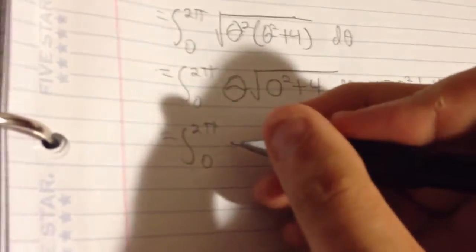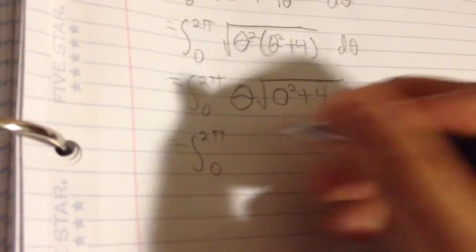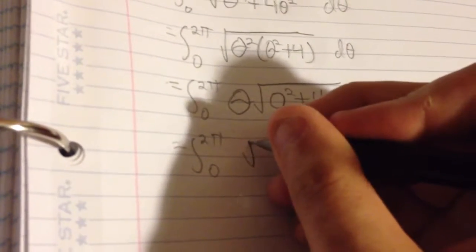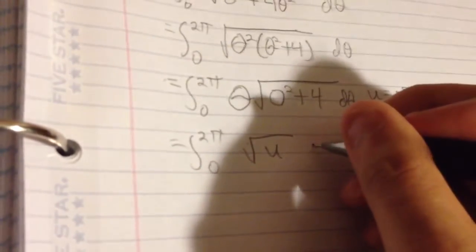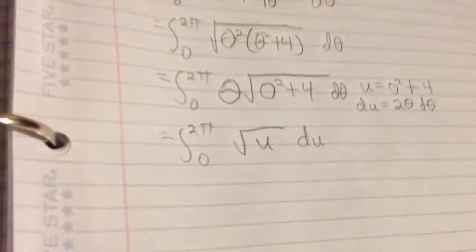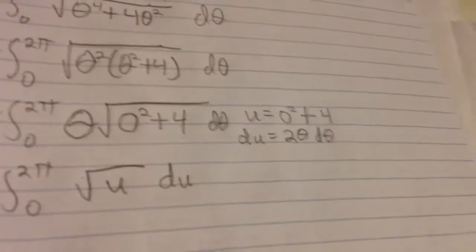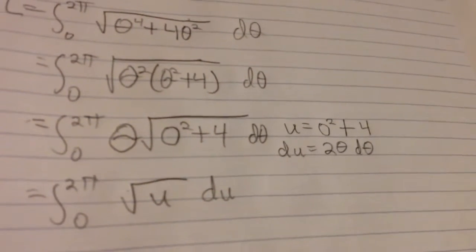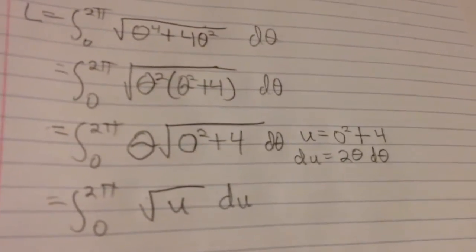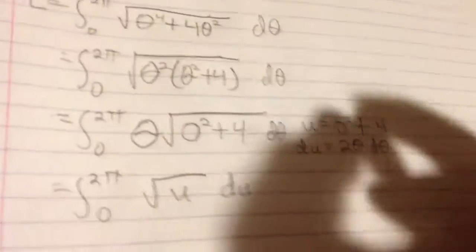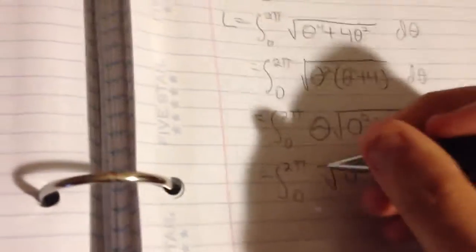Okay, so we have our du, and we have our u. Now, our du is 2 theta d theta. We have our d theta, and we have a theta. We do not have a 2. So to compensate for that, we're just going to throw in a 1/2.